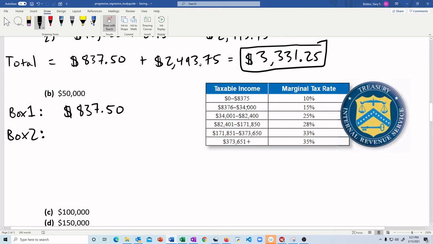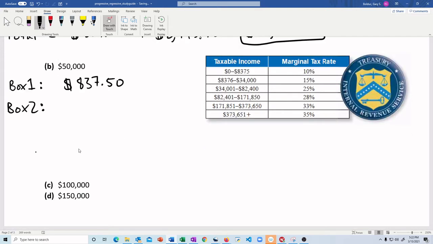So how did we do that last time in the example above? We take the top end of box 2, okay, and we subtract how much you've already put into this tax equation. We already got taxed on our first 8,375. Now we're saying, okay, how much goes into the second box?